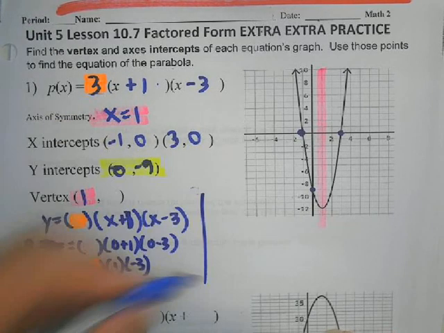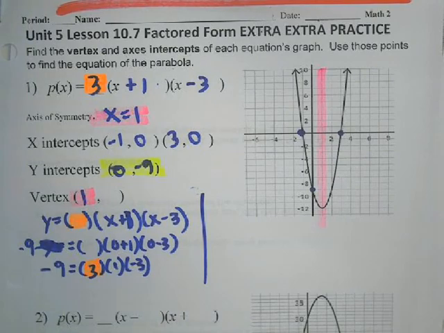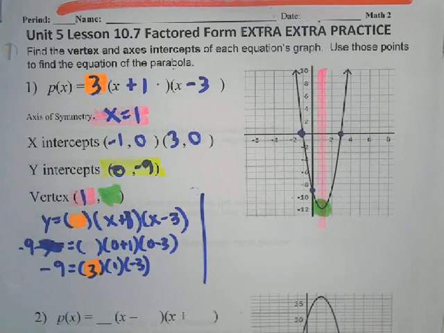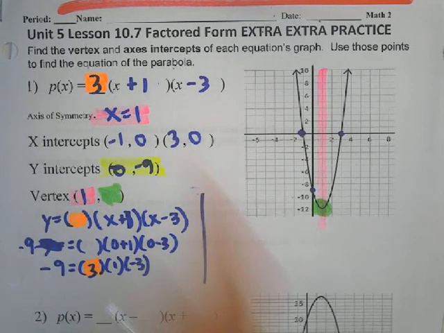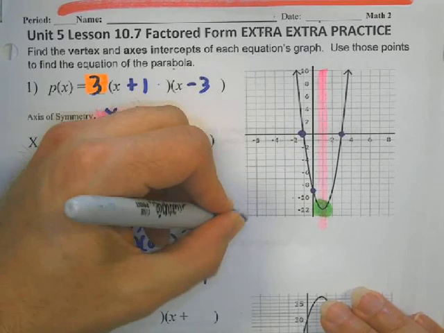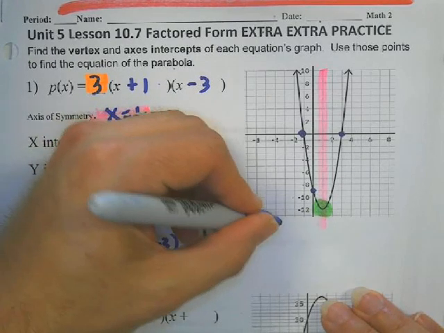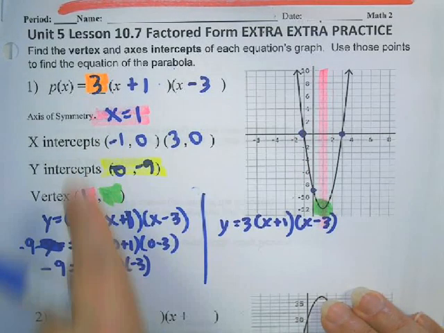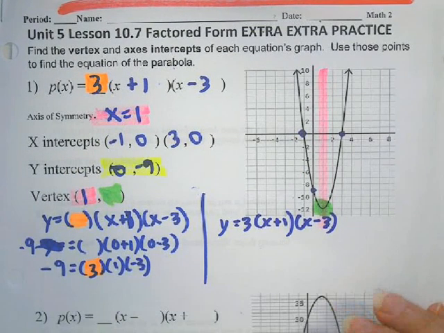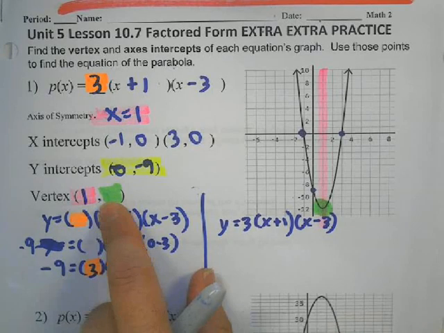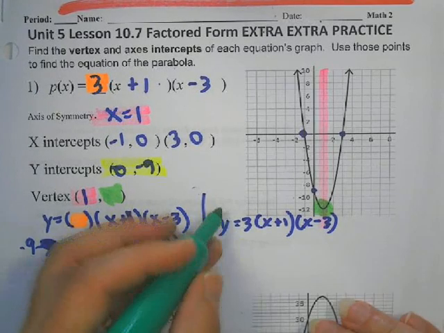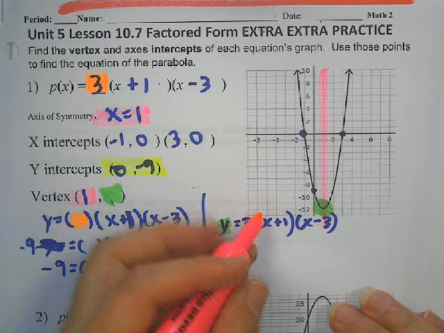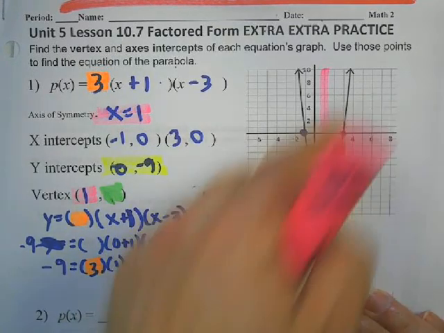Now I need to find the y value of the vertex. This guy right here, which is that point right there. Now that I've got my equation, y equals 3 times x plus 1 times x minus 3, to solve for the y value of the vertex, this green number here, I need to replace x with the value of 1, because that's the x value of the vertex.